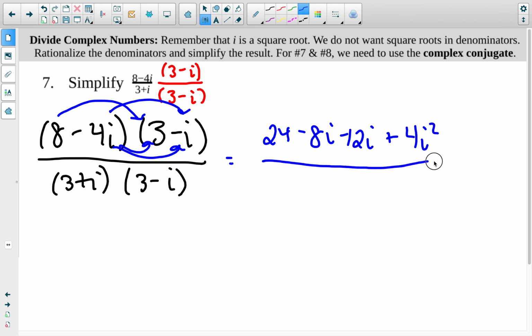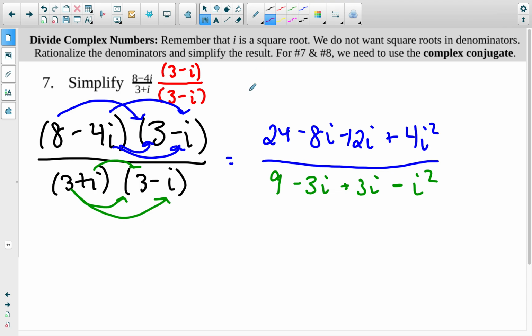Write this out just to be careful with your signs. And then taking a look at our denominator, 3 times 3 will give us 9, minus 3i, plus 3i, minus i squared. And then now we can clean up where we're able to, cancel some stuff out.